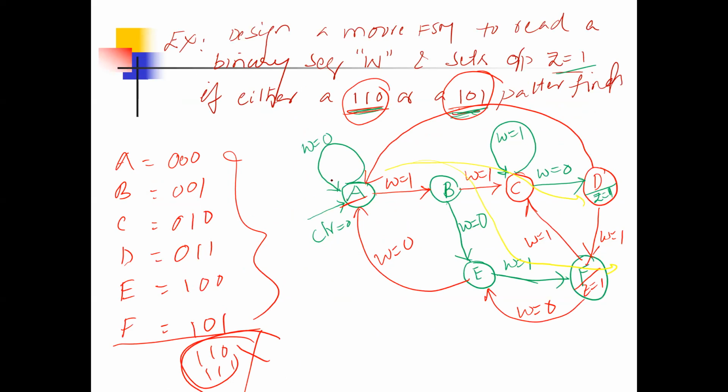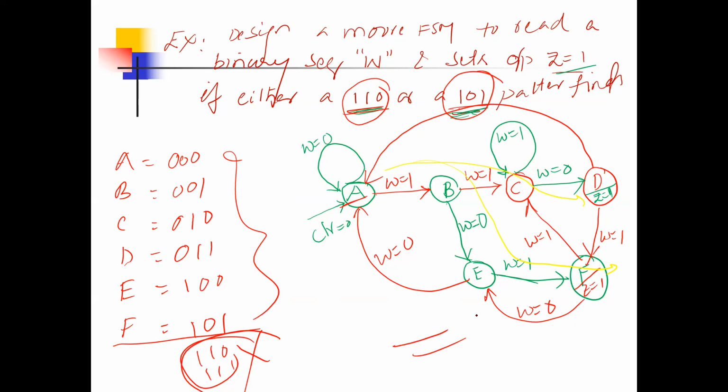If input is 0, stay at the same state. 1 means go to the next state B, and 1 again means go to the next state C. Otherwise, if 0, go to the next state E. From C, if the input is 0, go to D and make the output 1. If the input is 1, then stay there to wait for the next time whether you will get a 0. So like that, first you complete the state diagram.